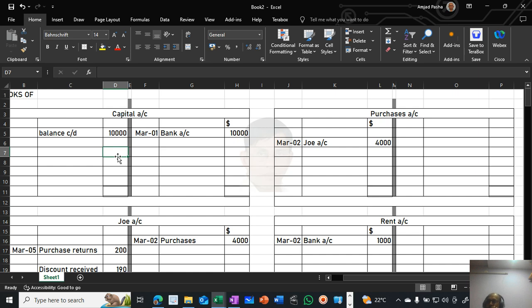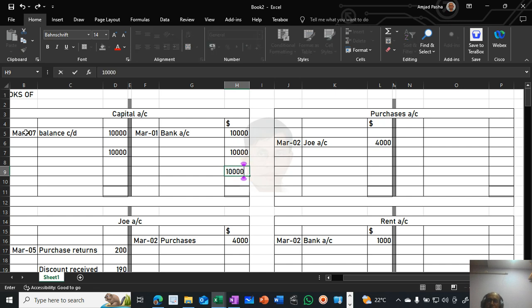Balance carried down on March 7 will become balance brought down. Total 10,000, 10,000, and balance brought down will again be 10,000.